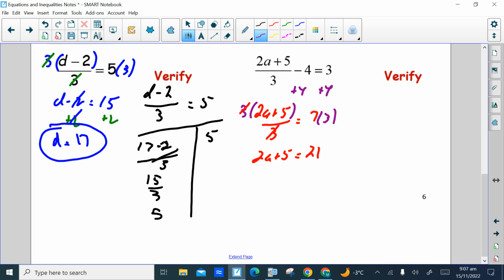Then what? And 21 minus 5 is 16. And lastly, divide both sides by 2. 2 divided by 2 cancels. You have a by itself on the left. 16 divided by 2 on the right is 8.